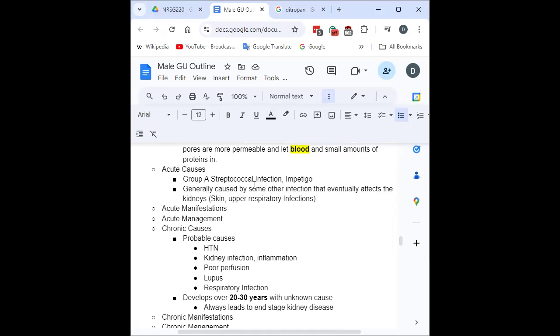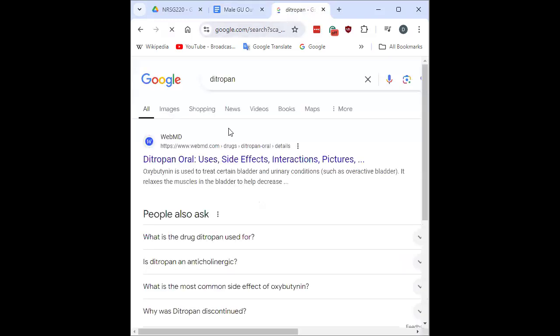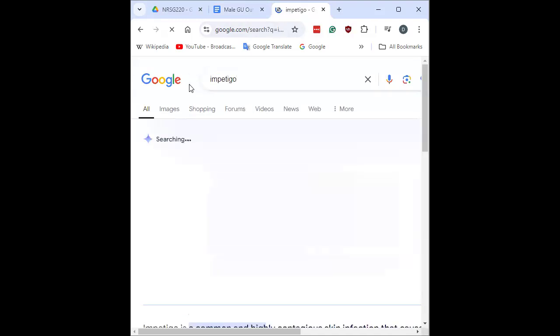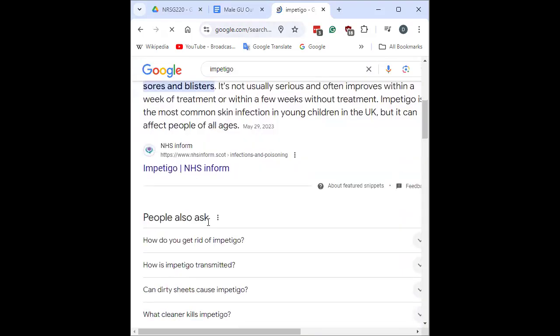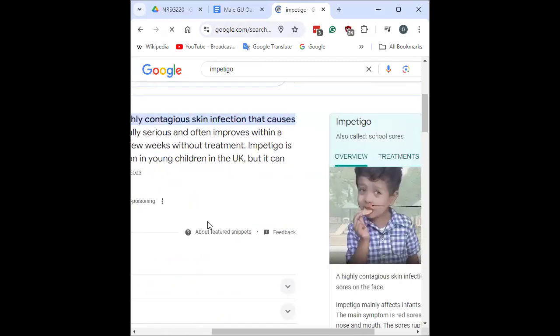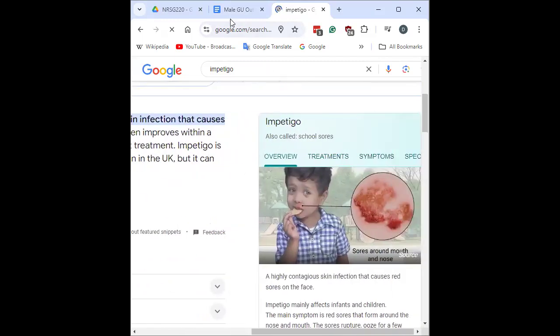The condition that they specify is impetigo, which honestly I don't even remember what that is. It's the condition that children get. So I think this is more common in children.